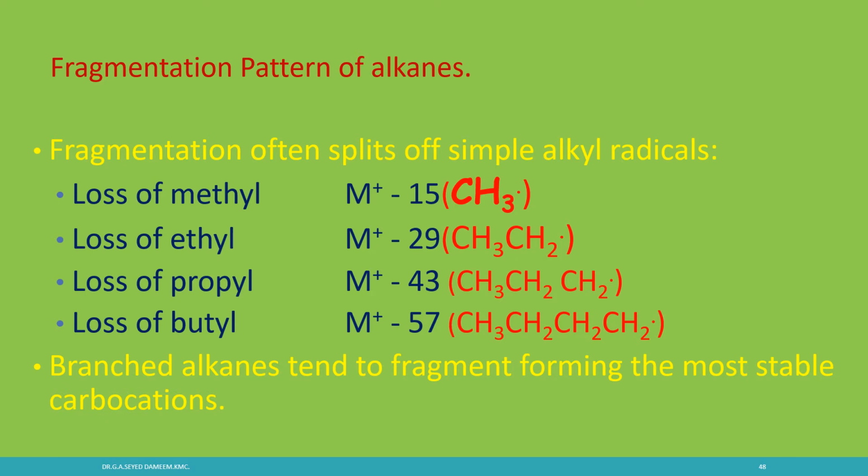If it contains a larger chain, it gives loss of a butyl radical, M minus 57. Branched alkanes tend to fragment, forming the most stable carbocation.